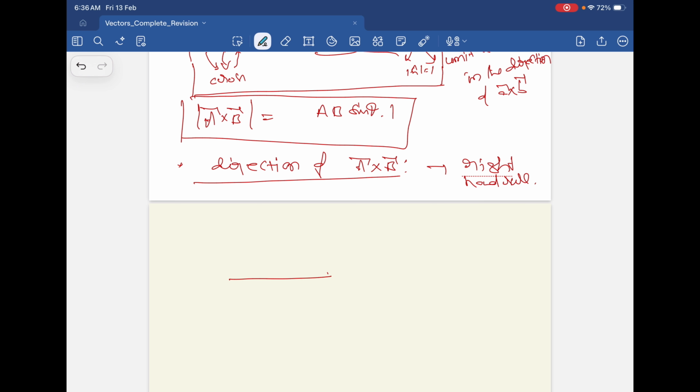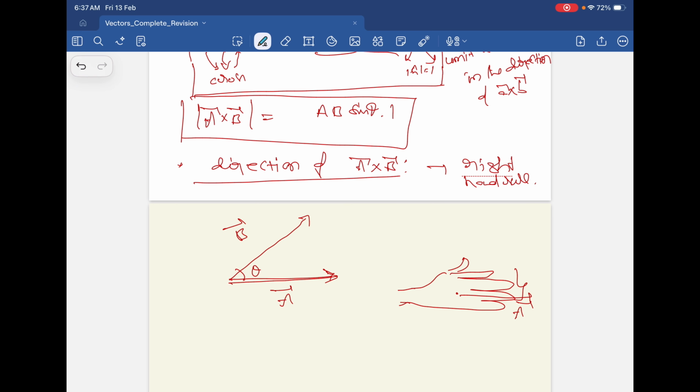Say for example, this is A bar, this is B bar. Then stretch the fingers of your hand in the direction of the first vector A bar. This is the angle theta. Then this vector is now A bar, this vector is B bar.